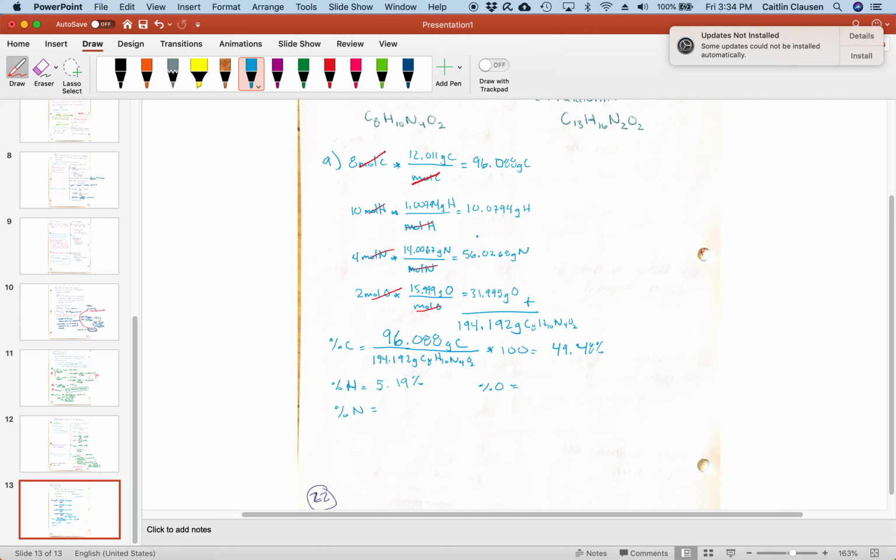Nitrogen is 56.0268 divided by 194.192 times 100, that's 28.85%. And then oxygen is 31.998 divided by 194.192 times 100, that's 16.48%.